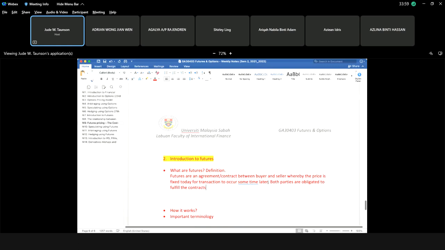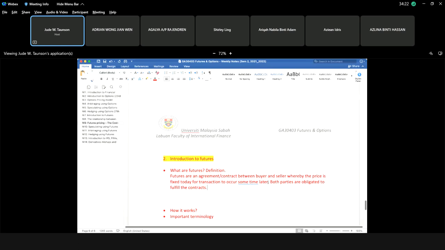Maksudnya tidak boleh cancel. Kalau sudah sign beli, mesti beli. Kalau yang penjual tu pula mesti jual. Dua-dua mesti menunaikan terma-terma dalam kontrak yang telah ditandatangani.